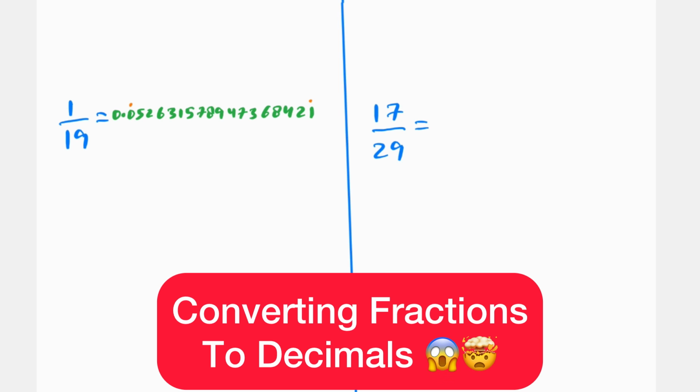Now let's look at a different denominator. Here in 17 over 29, 29 is the denominator and we have 2 here. So we'll divide by the next number, one more, that is 3. So 17 divided by 3 will be, first we write 0 point, and then 17 divided by 3 is 3 times 5 is 15, and we have 2 remainder.